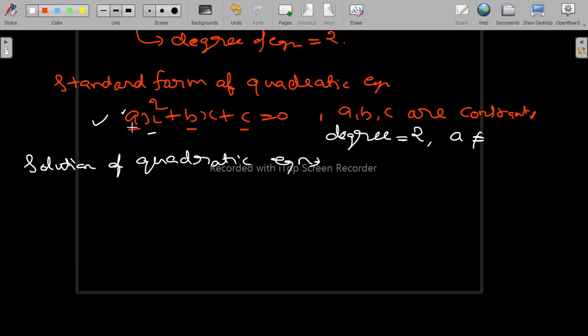For example, if we have ax square plus bx plus c equal to 0, it means x will have some particular value for which this equation will hold. That is called the solution of the quadratic equation.